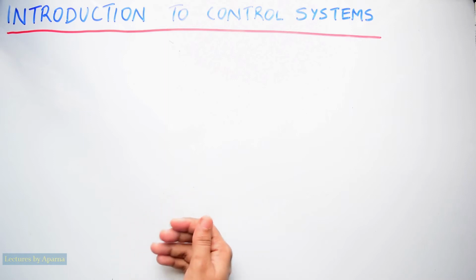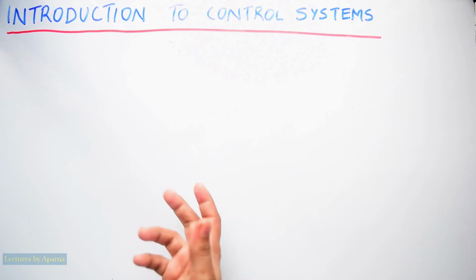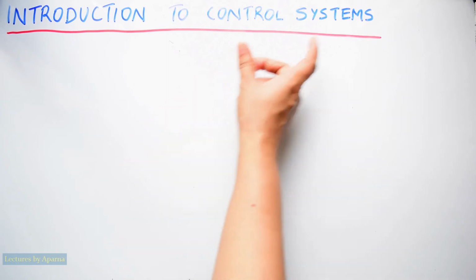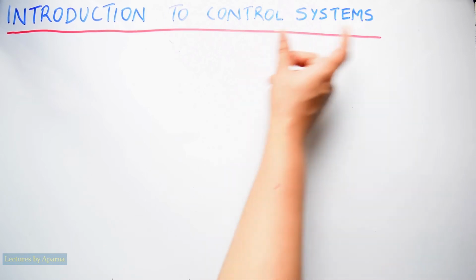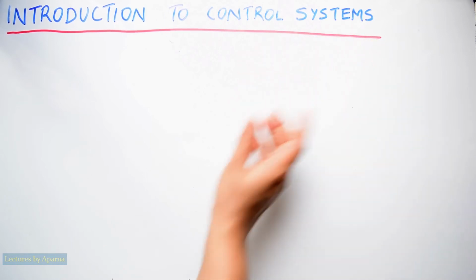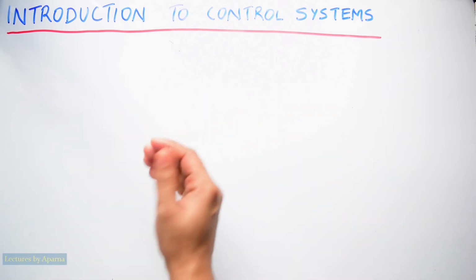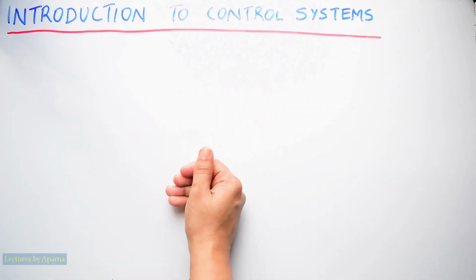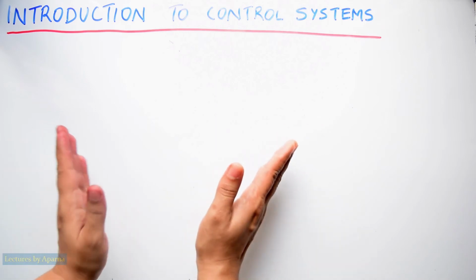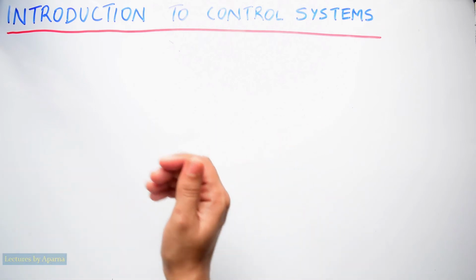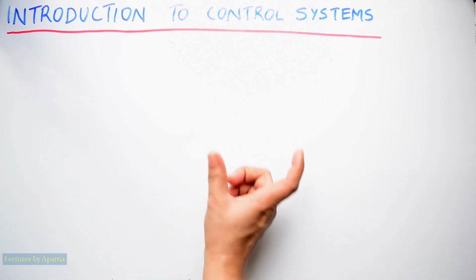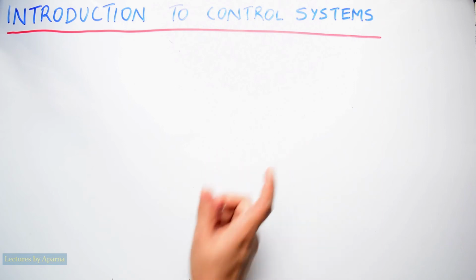In process industry. So when you consider the term control system, let us start with the portion system. When a number of components are connected in particular sequence to perform a specific function, the group thus formed is called a system. So if you consider the system as a single block, it will be like this.